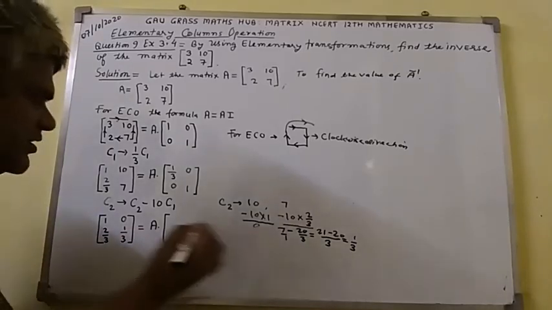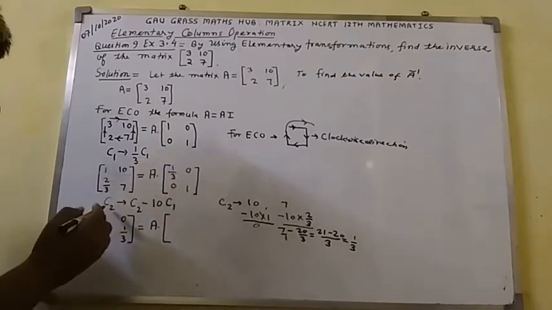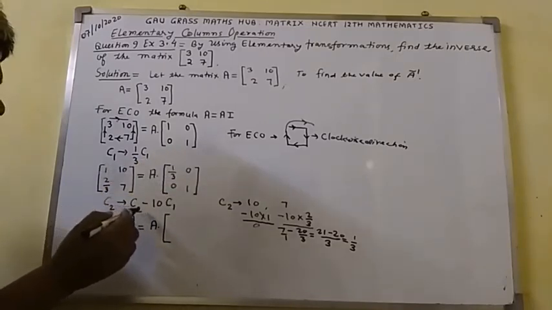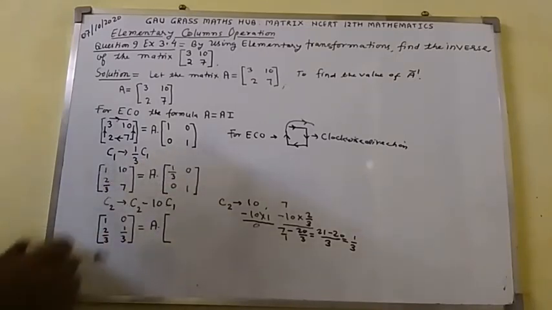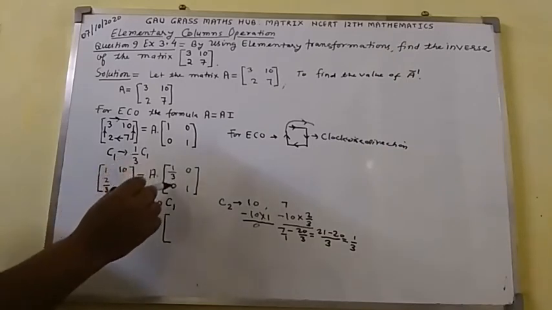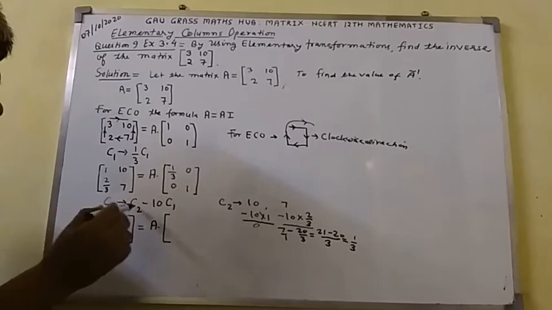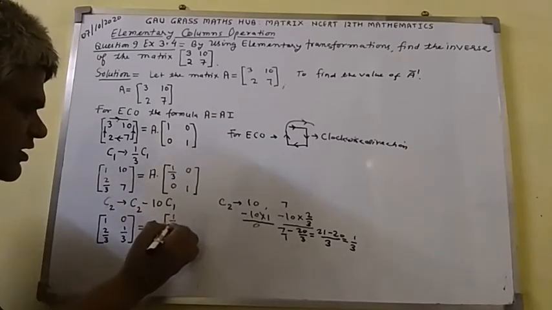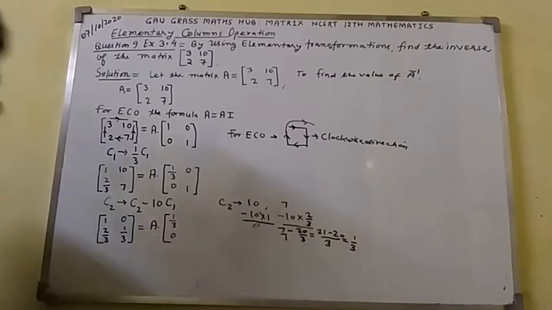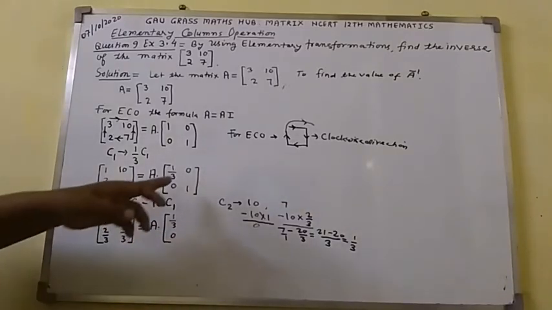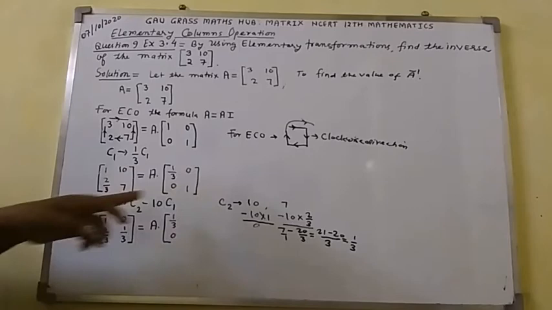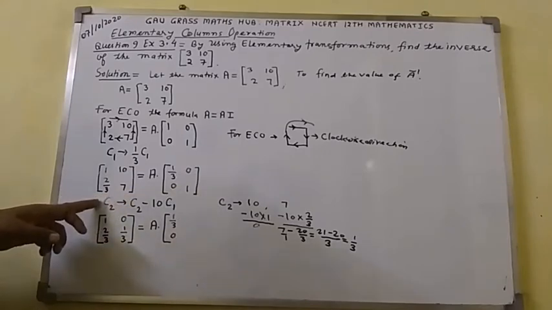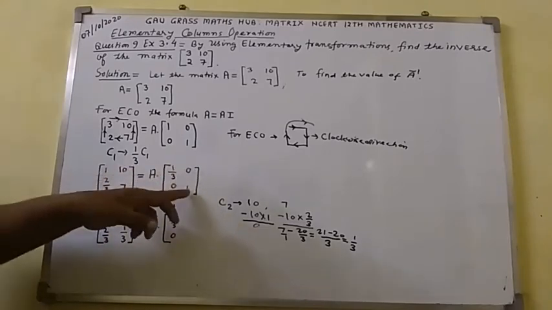Since C2 goes to C2 minus 10 C1, there will be no change in the elements of the first column here, because C2 is there, C2 is there. So here I shall write 1 over 3, 0 will be written, and changes will occur only in the elements of the second column.